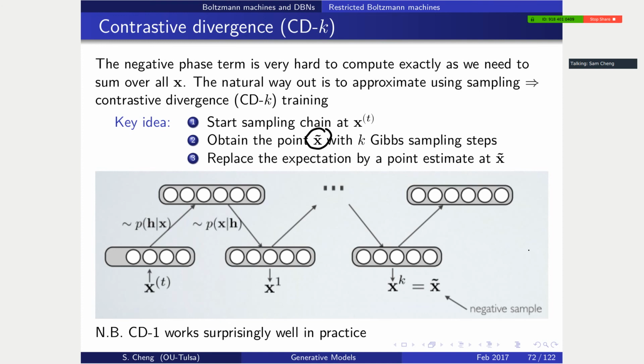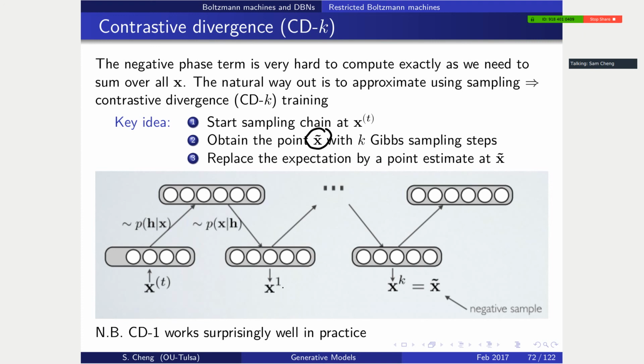And this is a very popular, very famous algorithm in restricted Boltzmann machines, the so-called CD-k, contrastive divergence k training. You start with some training data x_t, then we sample some h from x, right?